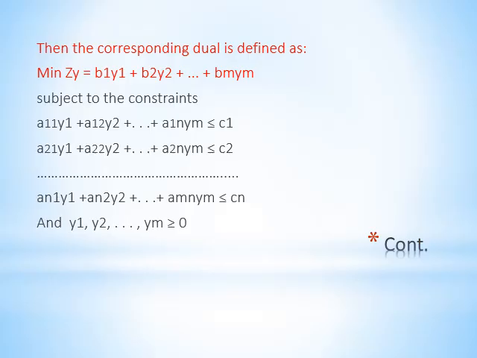So max to min, the objective x to y, you can say that instead of x you can replace y. The coefficients of the decision variables for minimization are the constants or resources of the problem of maximization, the primal option.